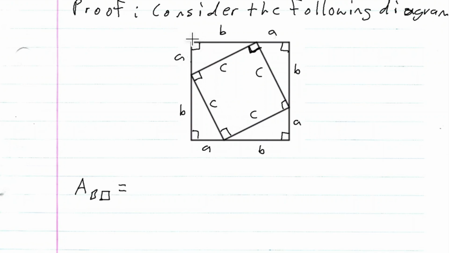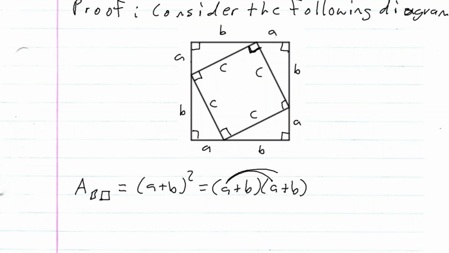So the length of each of these sides is a plus b, so it's going to be (a plus b) squared, a plus b times a plus b. And if we distribute this, we get a squared plus a times b is ab, b times a is ab, so that's 2ab, and then b times b is b squared.